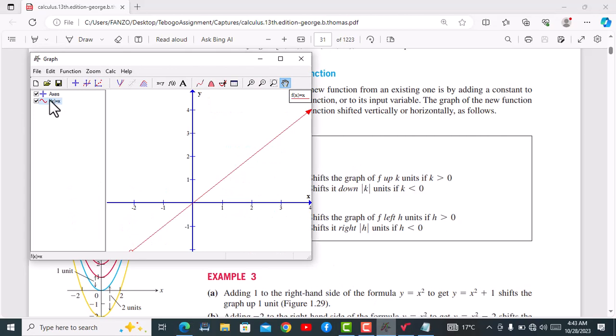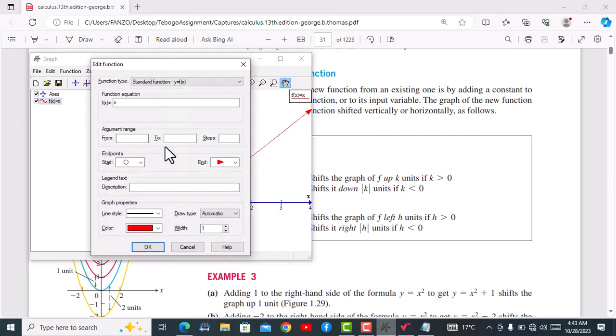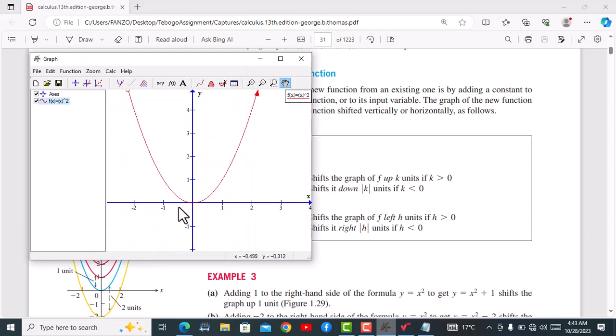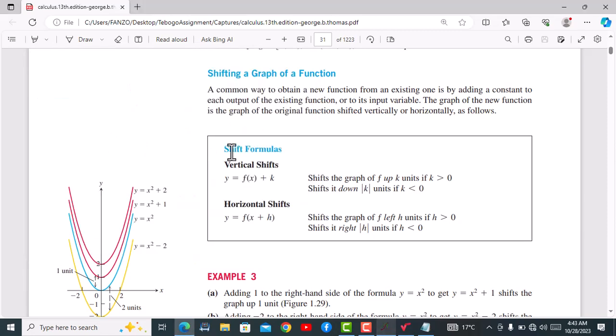So I can have a function. For example, let us make a demonstration here, but I'm going to use a function that can show us this. So I'm going to use a parabola, x squared. Suppose I have this original function and I want to shift this function vertically, either going up or down.